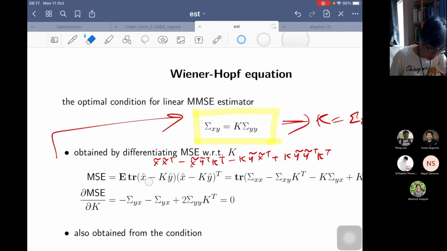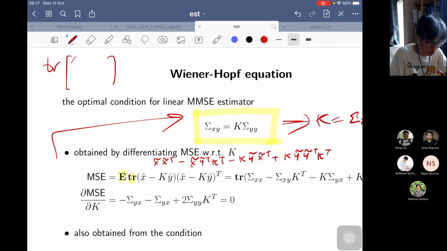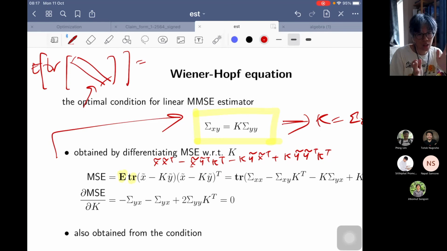But now you need to apply the operator trace and the expectation. You remember that the trace is the sum of the diagonal, right? But these entries in the matrix are random variables. So the question is, can you swap the order of expectation and the trace? Are they the same?